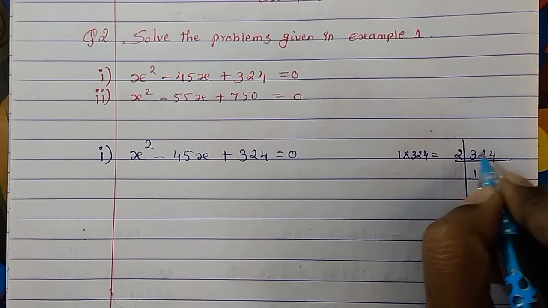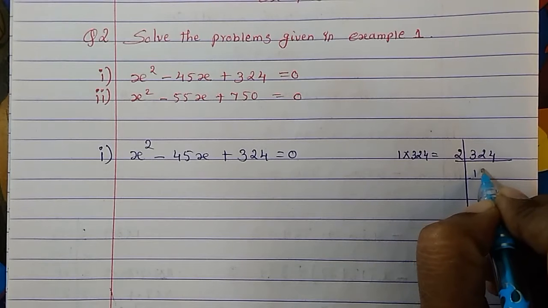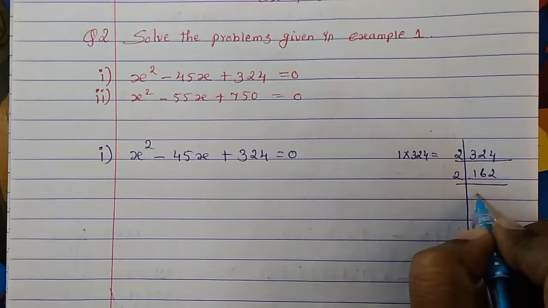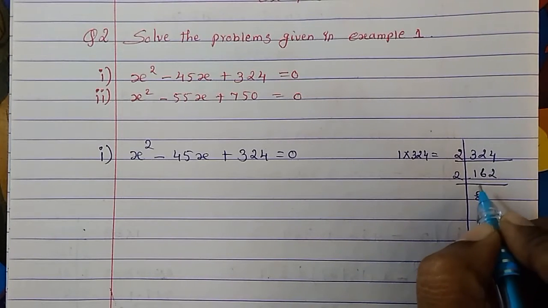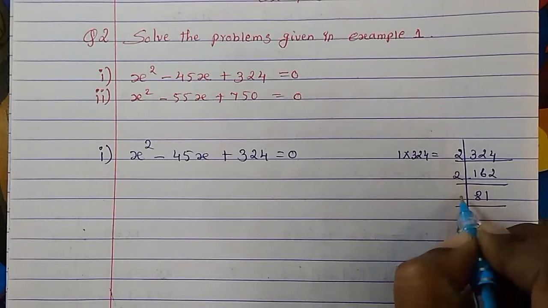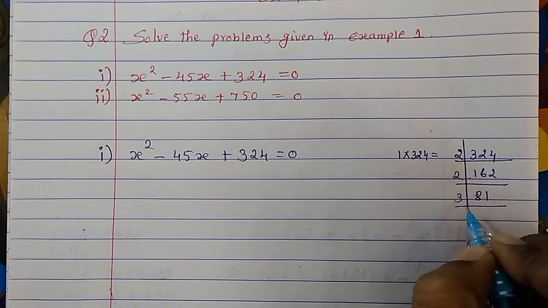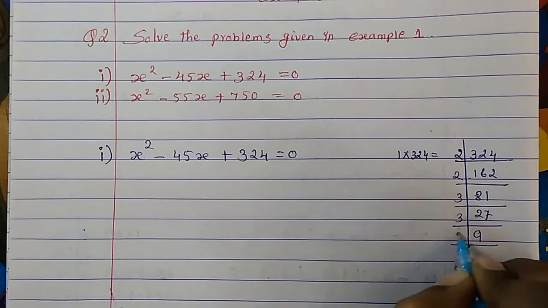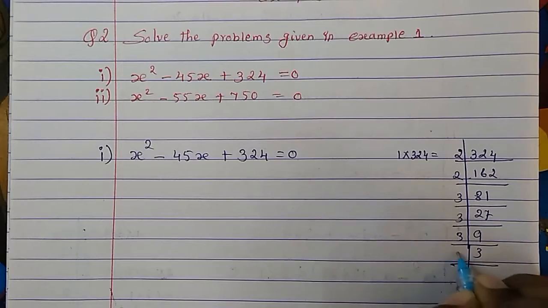1 times 324, then 2 times 162, then 2 2s are 4, 4 times 81, then this will be divisible by 3, so 3 times 108, then 3 3s are 9, 9 times 36, 27 times 12, then 3 3s are 9.